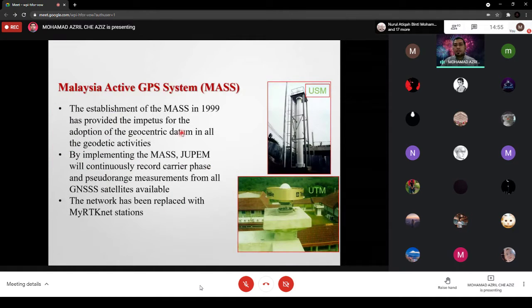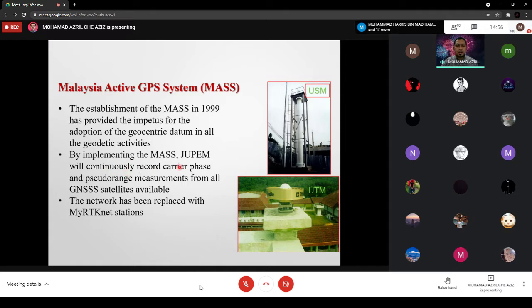Okay, so this example is the MASS, we call it the Malaysia Active GPS System. The establishment of the MASS in 1999 has provided the impetus for the adoption of the geocentric datum in all the geodetic activities. By implementing the MASS, it will continuously record carrier phase and pseudorange measurements from all GNSS satellites available.